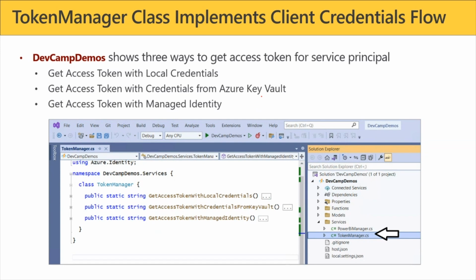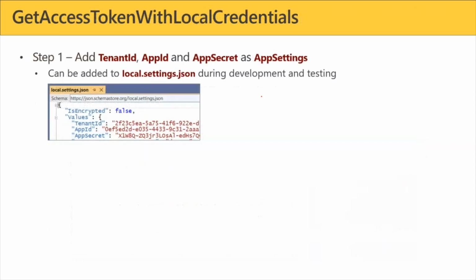The very first way to get an access token is to go through the client credentials flow, and you'll need to have a tenant ID, app ID, and an app secret. What you can see here is that when you create an Azure Function project in Visual Studio or in Visual Studio Code, it creates a local.settings.json file. So if you want to have application settings that are available while you're debugging, you're able to do this.